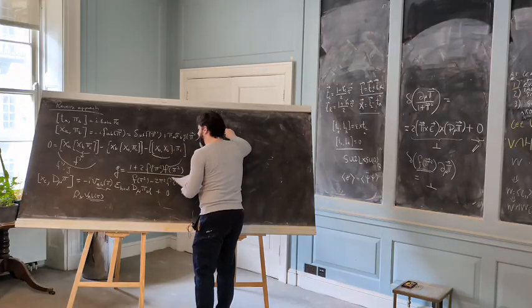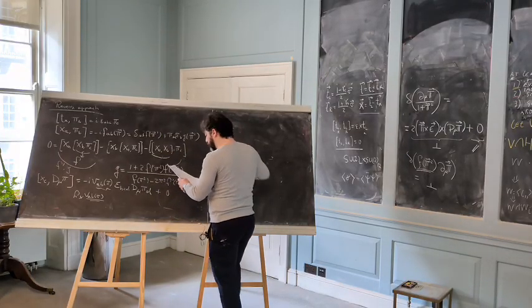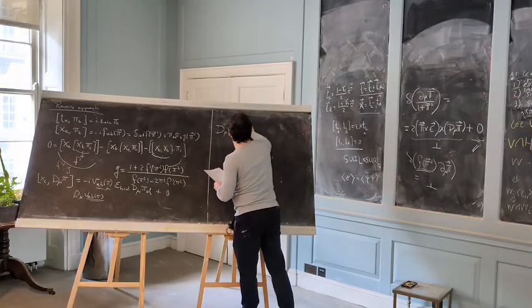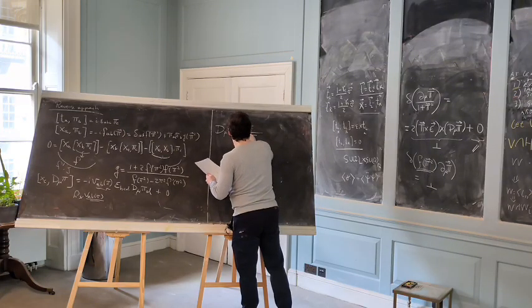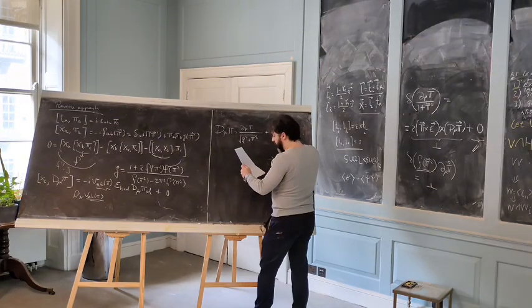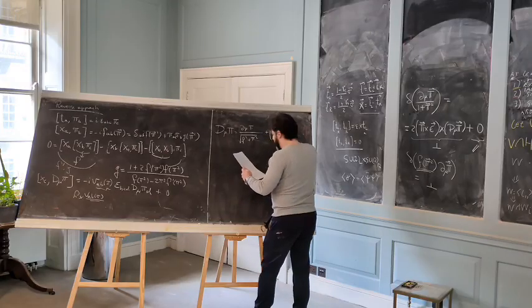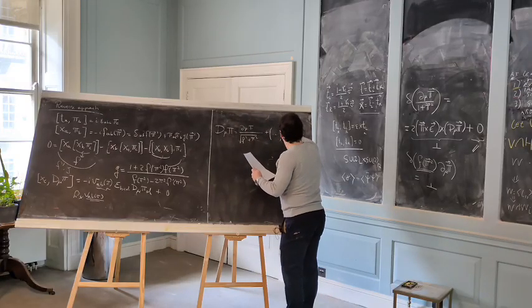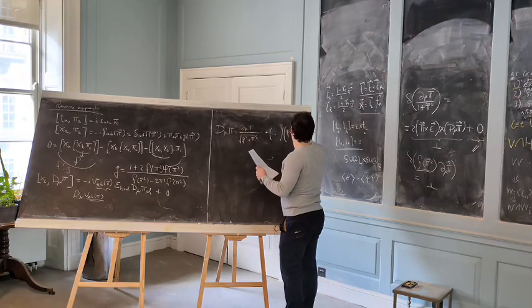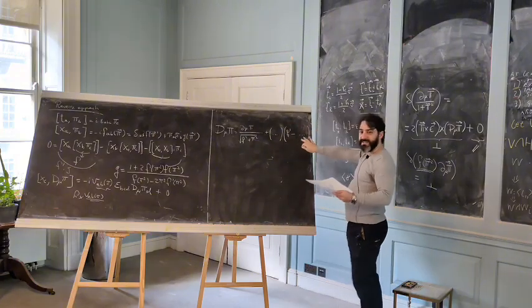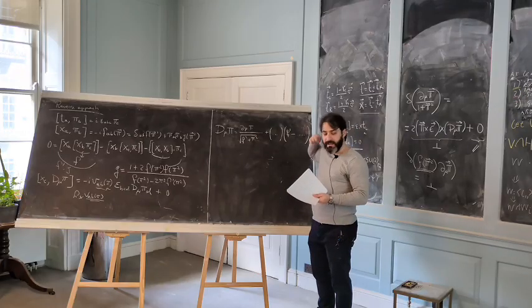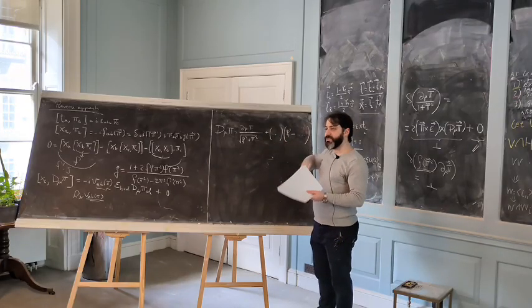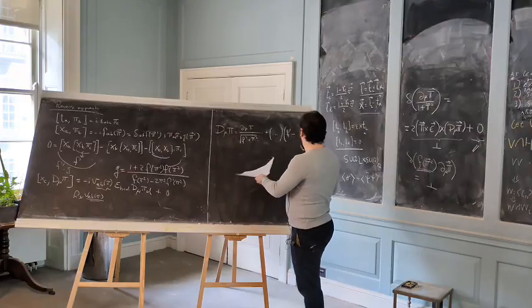Schematically, solving this consistency relation, we get d_mu pi, which is the derivative of pi, divided by, I will just write one term, f squared plus pi squared, and then there will be another term with some factor, and then something proportional to f prime minus some other function of f and pi. So there will be a very complicated relation like this. And then you can choose any f, and this gives you a good covariant derivative that realizes the nonlinear symmetry.